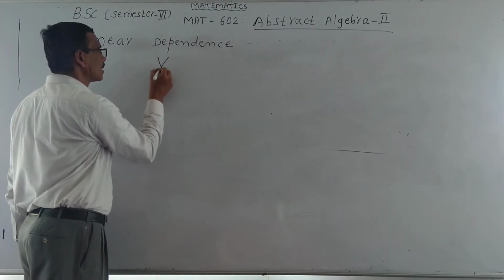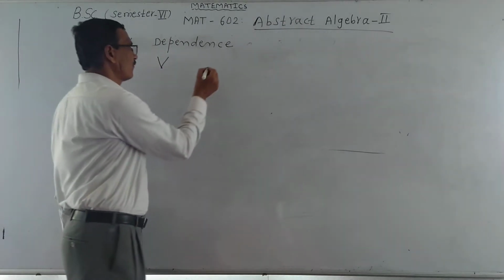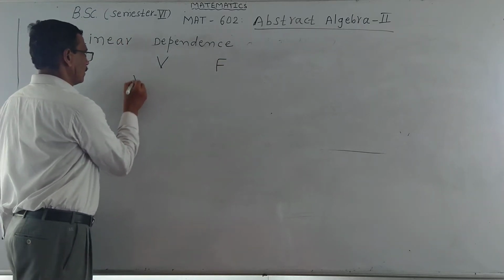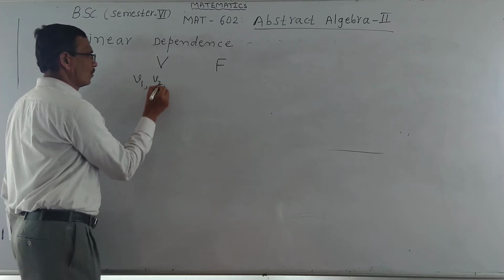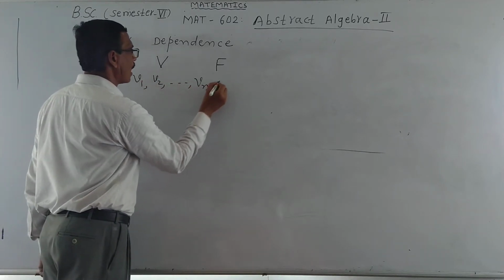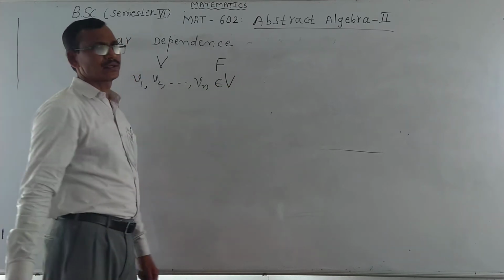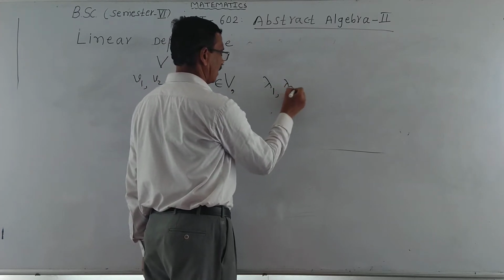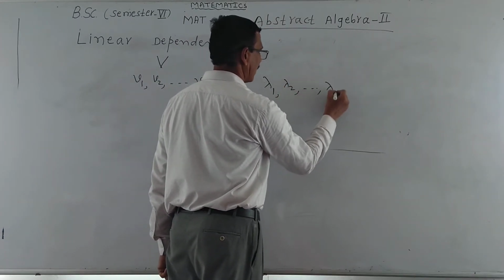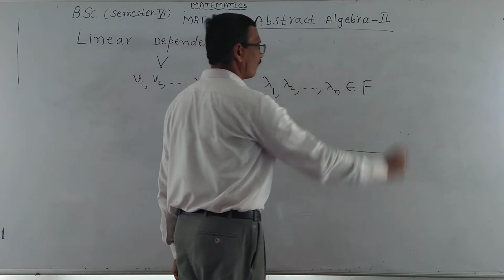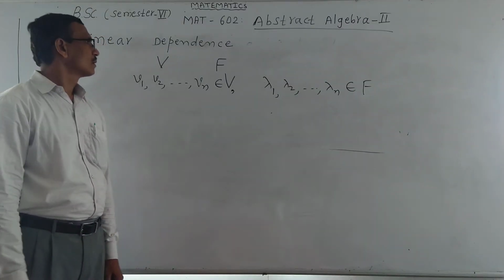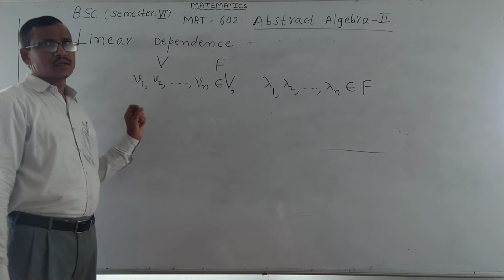We shall consider V is a vector space over the field F, and v1, v2, so on, vn are elements of vector space V. And consider lambda 1, lambda 2, so on, lambda n are elements of the field F. Okay?